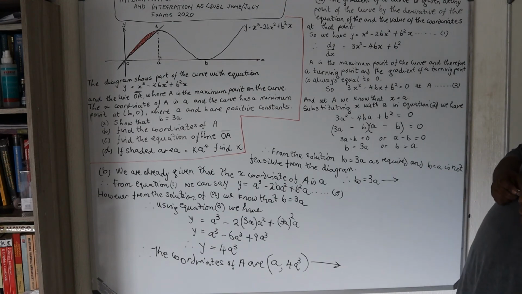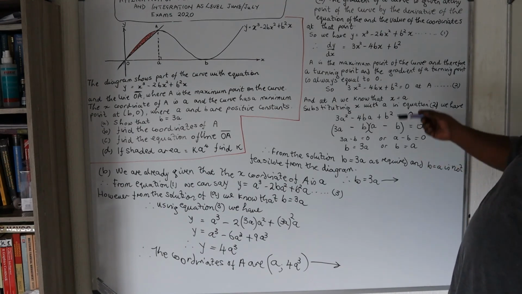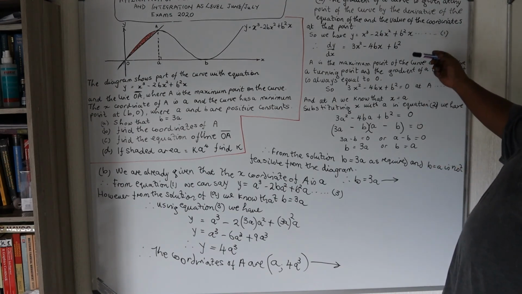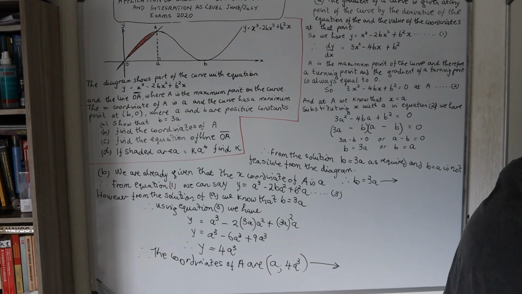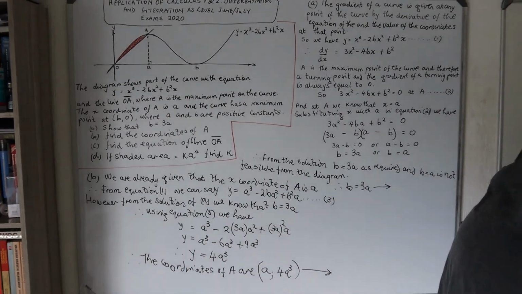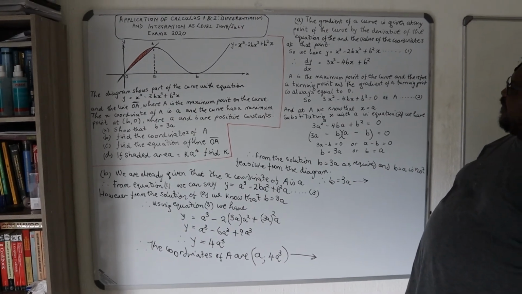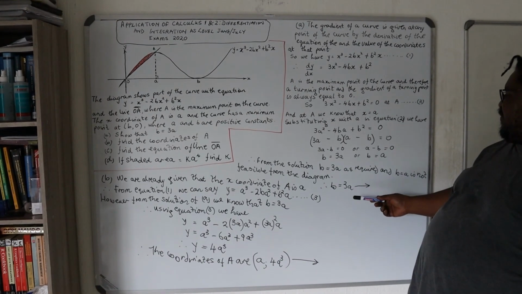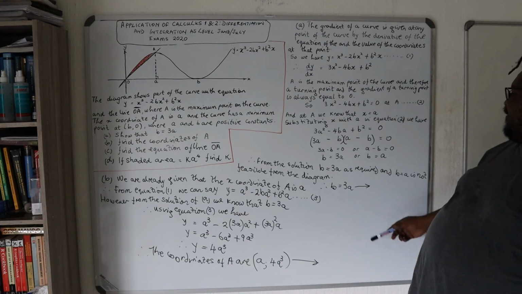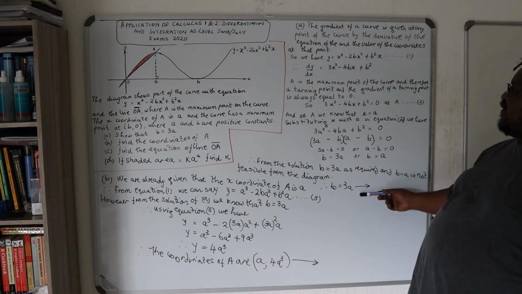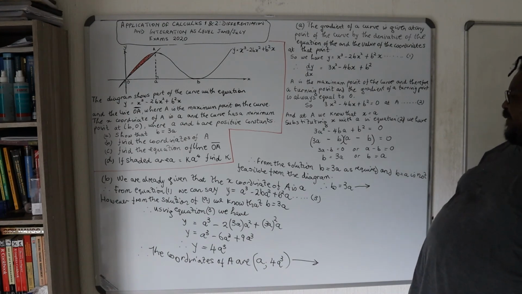So we have shown how you get a and how you get b, and all of these are given as the variables either a or b. We chose to show everything in terms of a, as our first solution needed us to show that b itself was equal to 3a.